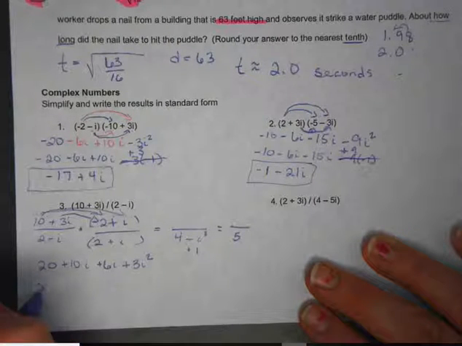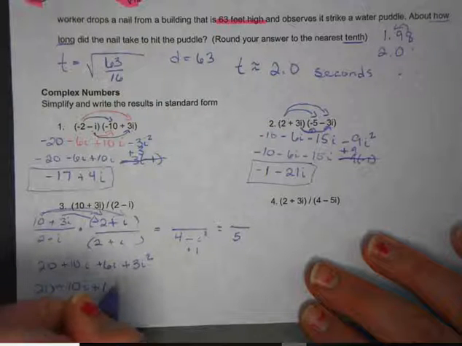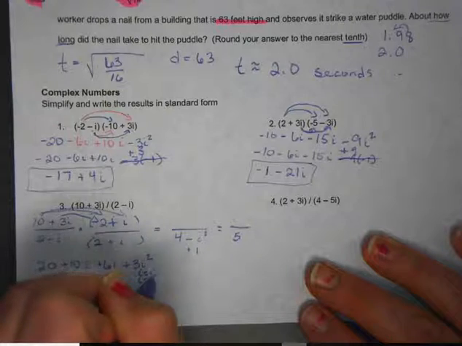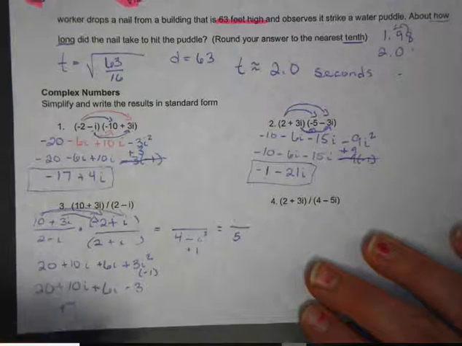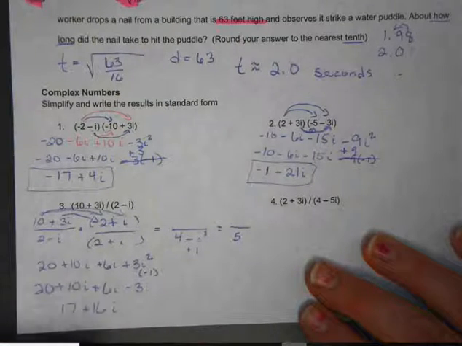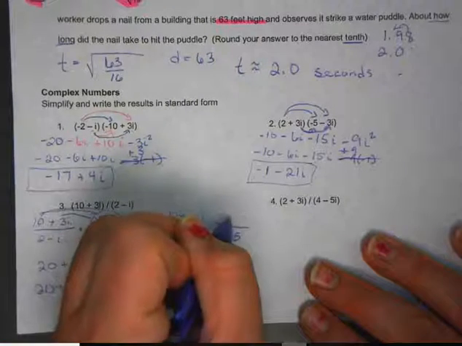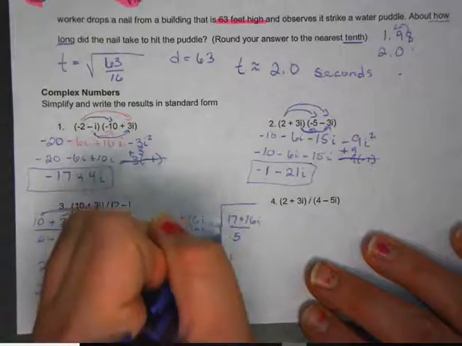So again, we're going to rewrite 20 plus 10i plus 6i minus 3, because remember, i squared is negative 1. 20 minus 3 is 17, and 10 plus 6 is 16i. So we're going to have 17 plus 16i, and we're going to put that over the 5, and that's our answer.